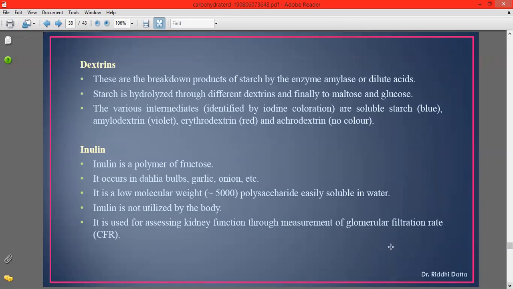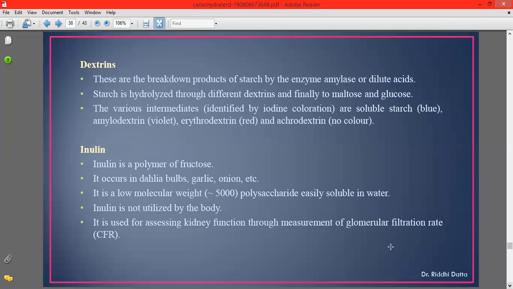So the various intermediates, okay, that is identified by the iodine coloration are the soluble starch, okay, that is blue, the amylodextrin, okay, violet color, erythrodextrin means red color, બરોબર, and achrodextrin means no color, okay. એટલે કે various intermediates મળશે તો એને તમે શું કહેશો dextrin, and that is identified by the addition of which chemical, iodine. ઓકે એટલે સ્ટાર્ચ, આયોડિન અને અમાઇલેઝ આ ત્રણ જે છે એના કોમ્બિનેશન્સ ના રિલેટેડ ઘણા બધા પ્રેક્ટિકલ્સ તમારે સેમ 2 ની અંદર પણ આવશે બરોબર અને SYTY માં પણ આવશે.